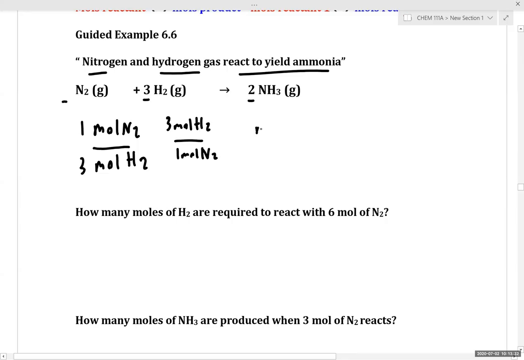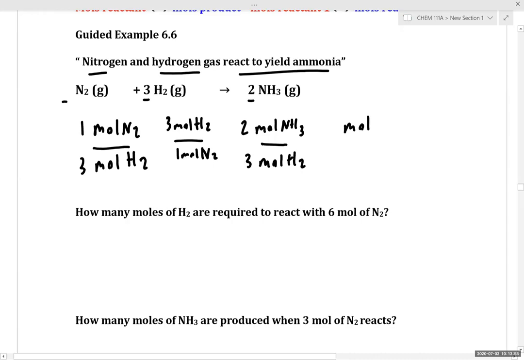Okay, let's look at the ratio of moles of ammonia per mole of hydrogen. What is our ratio of ammonia to hydrogen? Two moles of ammonia per every 3 moles of hydrogen.